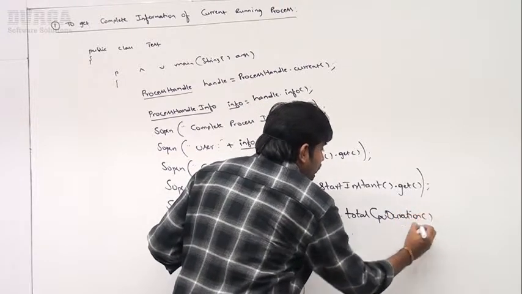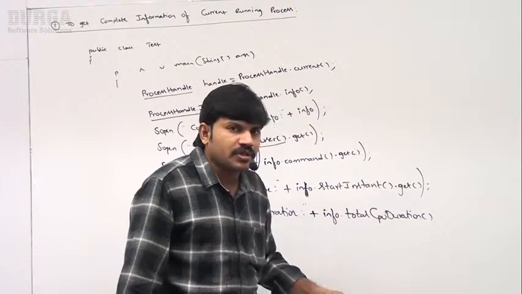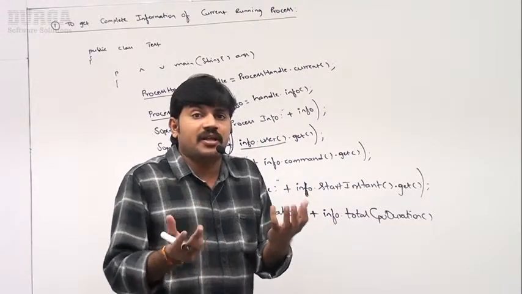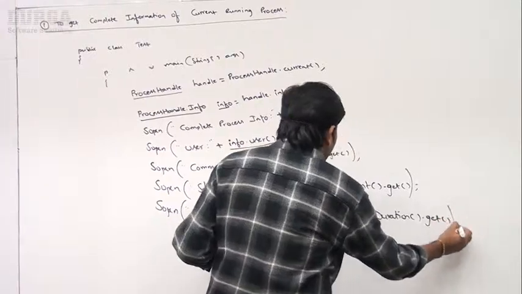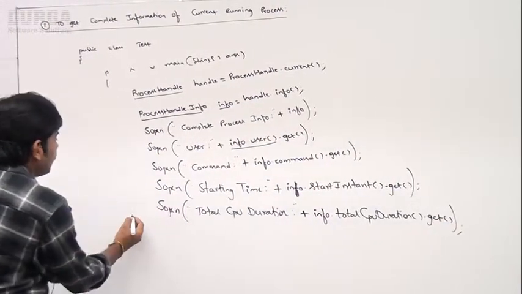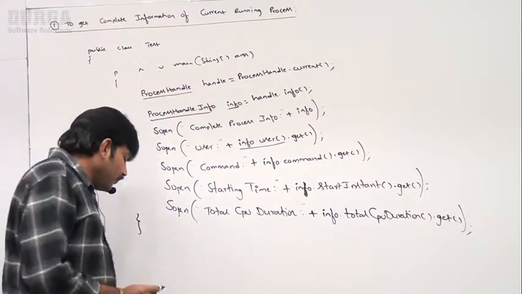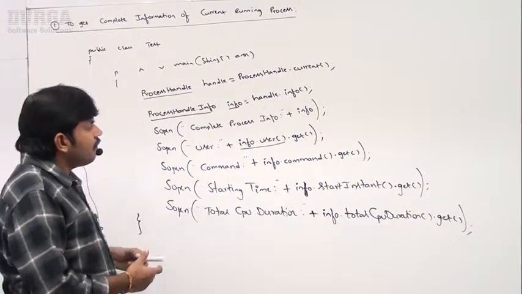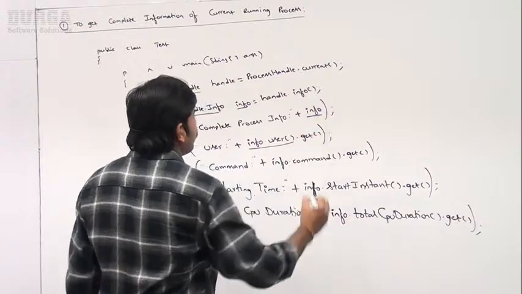Total CPU duration is the method. It always returns an Optional object. The get method we have to call. Remember, this is the end of the class. So if you want to print the complete information of a process, then simply you have to print the info object.